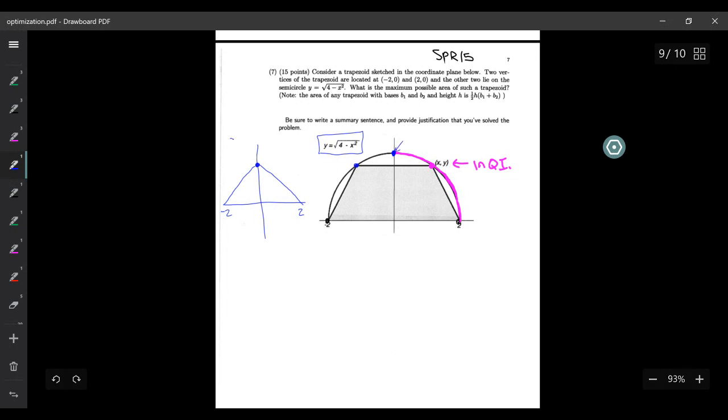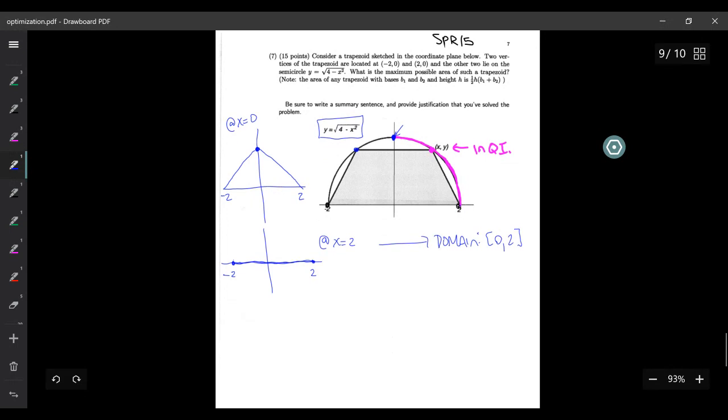So this would be at x equals 0, which is entirely plausible. Or I can move this point all the way to the end, in which case you just have a line. You would have no area, but that's perfectly possible as well. So that tells me that my domain would be 0 to 2.